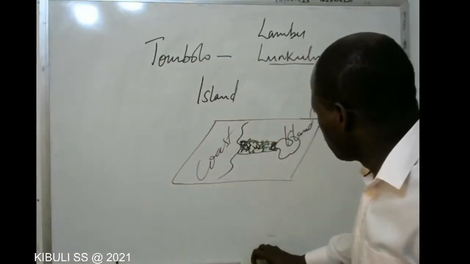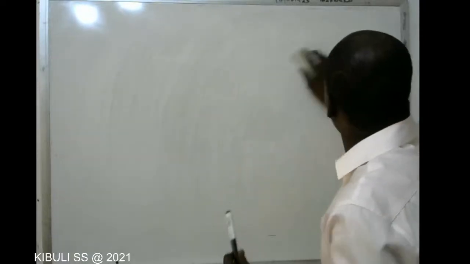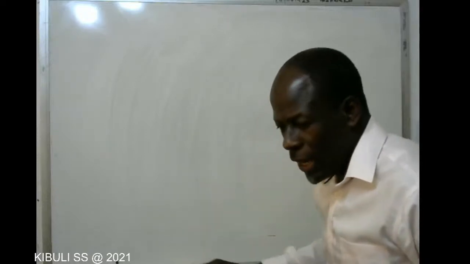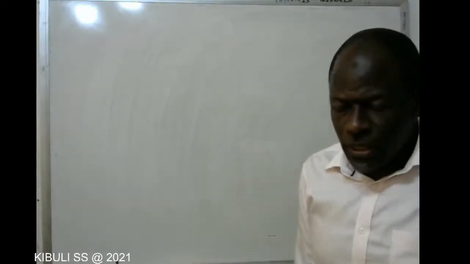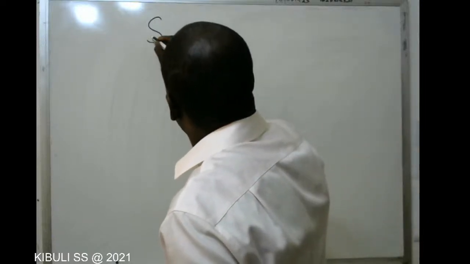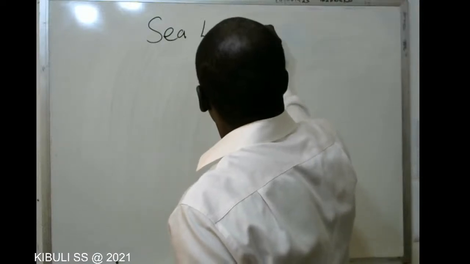So we are now moving to the third category of landforms formed along the coast. Very quickly, this one is another category arising from sea level changes.